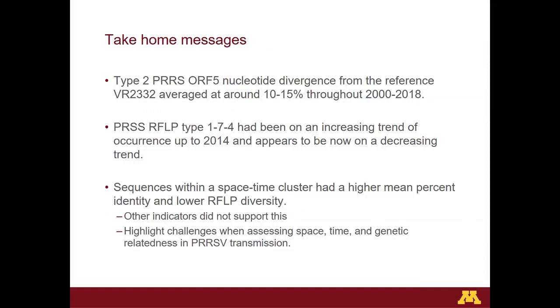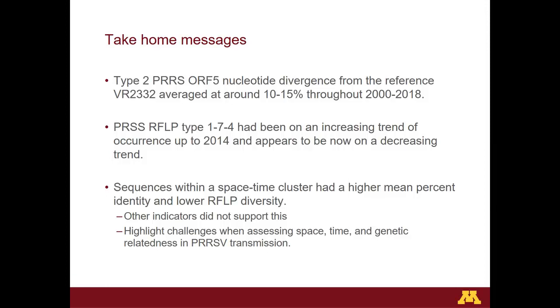Some take-home messages. So type 2 PRRS nucleotide divergence from the reference 2332 averaged at around 10 to 15% throughout 2010 to 2018. This is Mariana's presentation, what she said. PRRS RFLP type 174 had been an increasing trend occurrence up to 2014, and appears to be now on a decreasing trend.